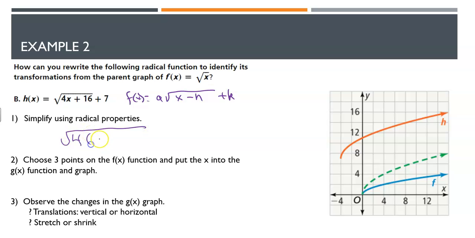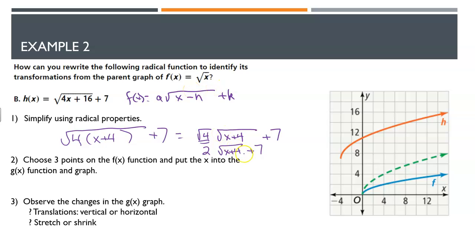So 4 times x plus 4, and then the plus 7. All right. But now, remember in the last section, we said we could separate those two factors and then just add the 7 over here. So that gives us a 2 right here, square root of x plus 4, plus 7.